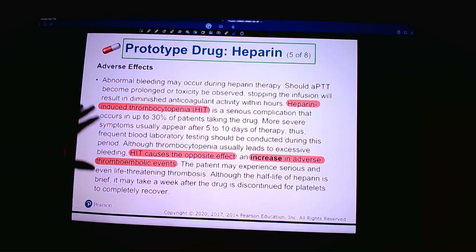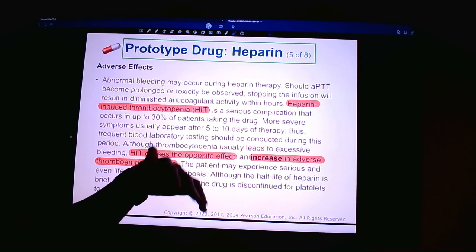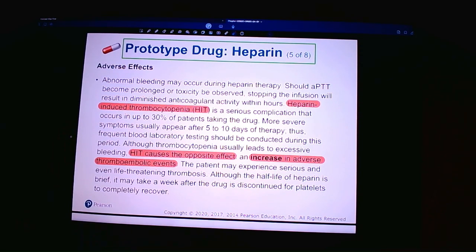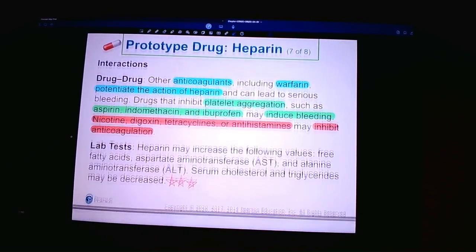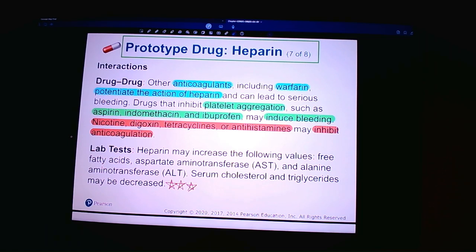But heparin is very unique because it has heparin-induced thrombocytopenia in addition to the bleeding risk that honestly happens with all these drugs. All of these drugs, you're going to have a bleeding risk because, again, you're affecting the ability to clot in one way or another, right? So drug interactions, right?